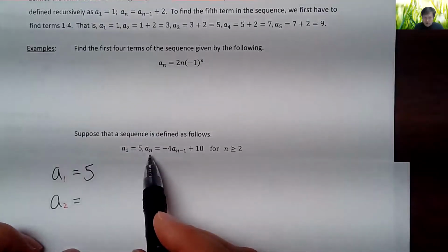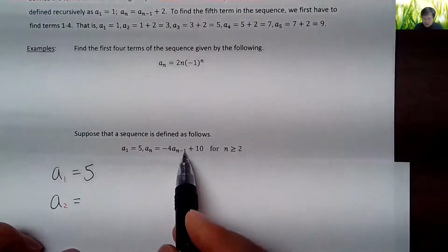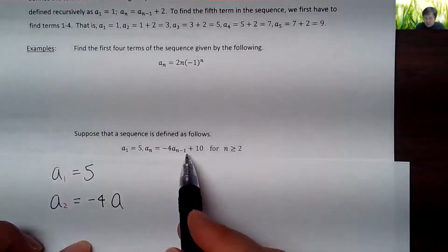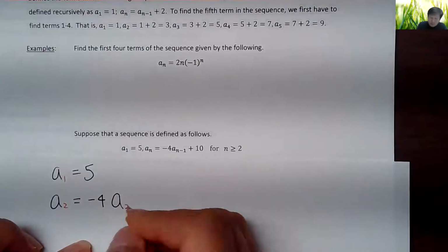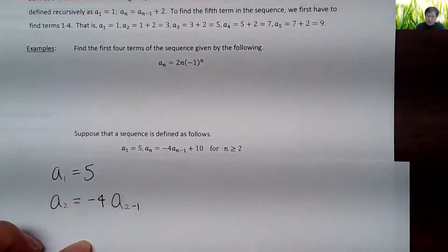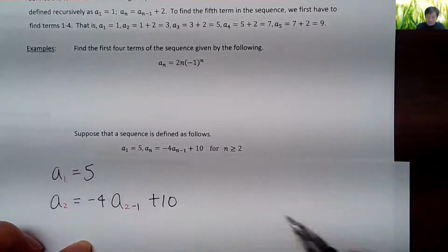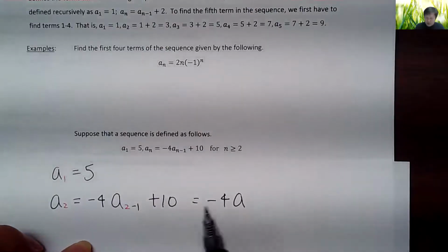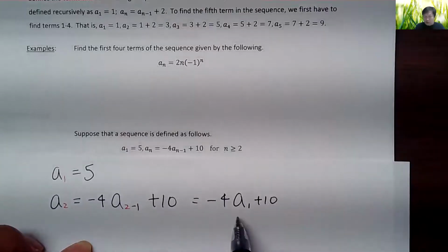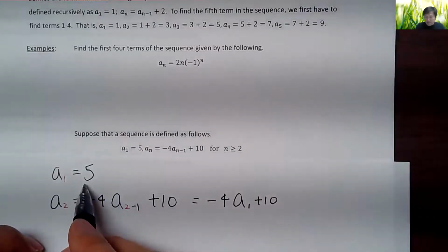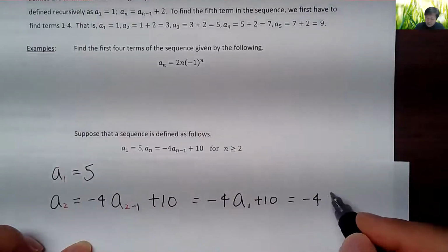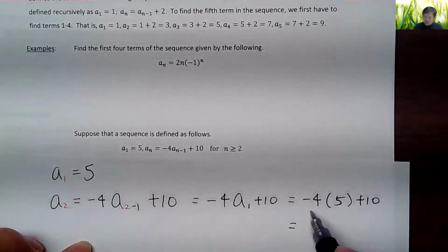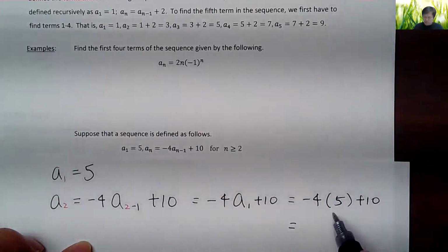So if you plug in value of n as a 2 here, it should be 2 minus 1, which becomes minus 4. A sub 2 minus 1 becomes 2 minus 1 becomes a sub 1 plus 10. So minus 4 times a sub 2 minus 1 becomes a sub 1 plus 10. A sub 1 is 5. Which is minus 4 times 5 plus 10, which becomes minus 20 plus 10.